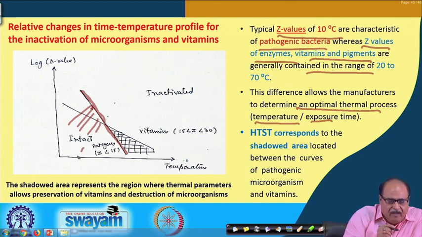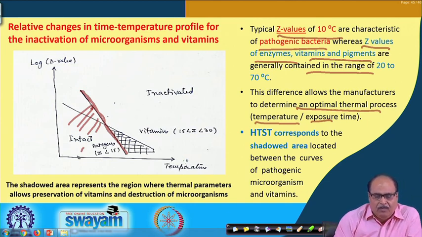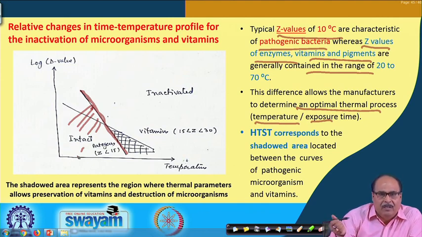this line, they will remain intact, whereas the food nutrients like vitamins, color, flavor, etc., have a higher Z value. So, here that is Z less than 30.